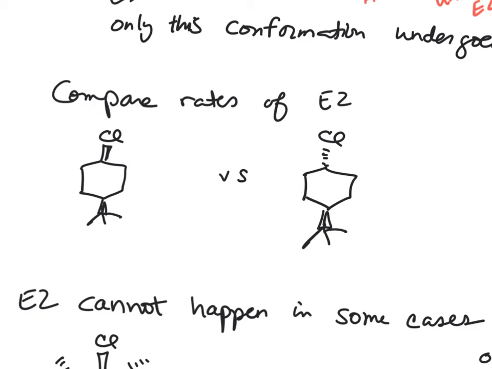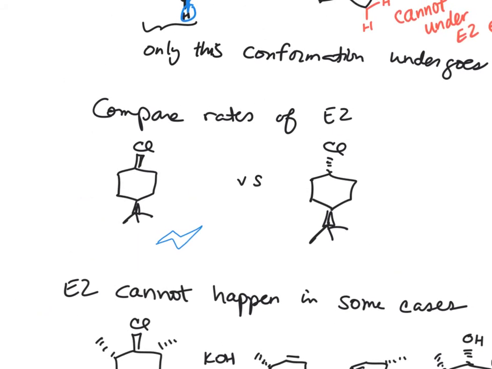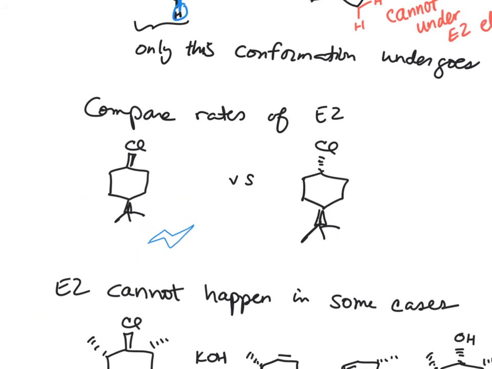Let's consider redrawing this first molecule, and what we want to do is remember that the bulky group needs to be in the equatorial position. So we're going to put that tert-butyl group up on an equatorial position.